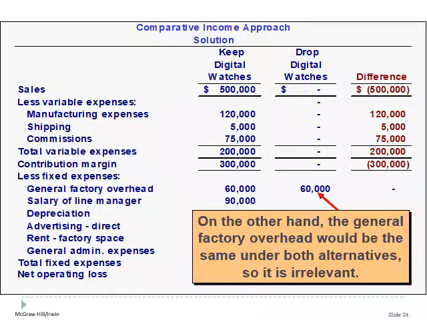So, if the costs in the two alternatives are the same, this element of the fixed expenses will be irrelevant, so it can be ignored. So I will ignore it and not take it with me in my decision. Okay? So I will ignore the general factory overhead because this cost is irrelevant. Okay, let's continue.